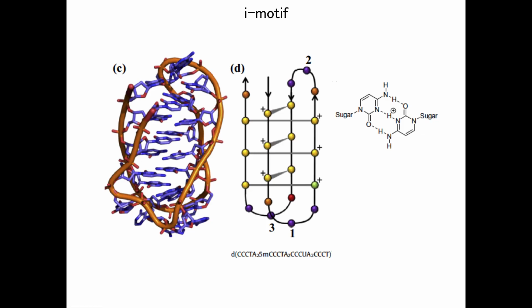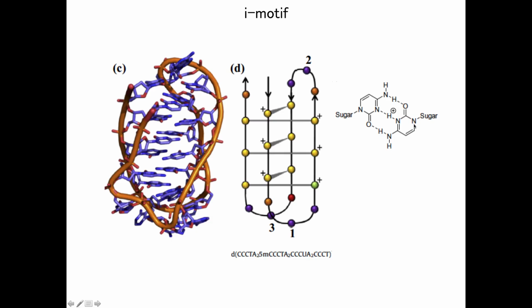Especially this H is very important to form the i-motif, because if there is not this H, C can form hydrogen bonding to the other C site.